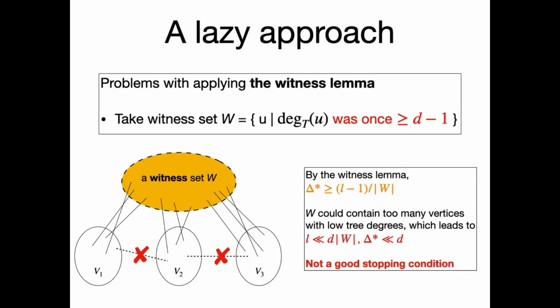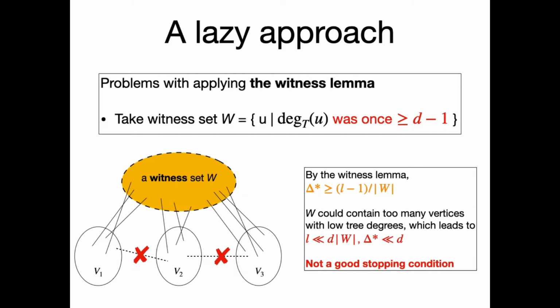Because of the laziness of our algorithm, there are going to be problems with applying the witness lemma. Say we take the witness set to include all vertices whose tree degree was once at least d-1. Using the witness lemma, we could argue delta star is at least (L-1) over |W|.